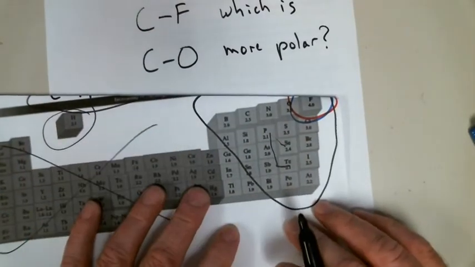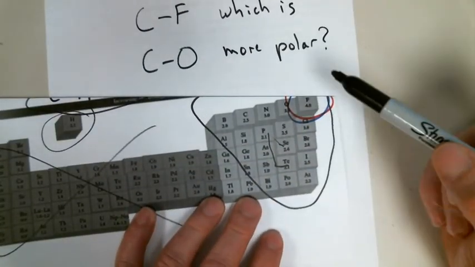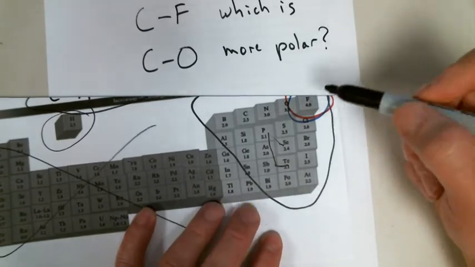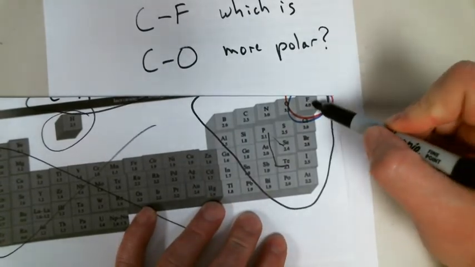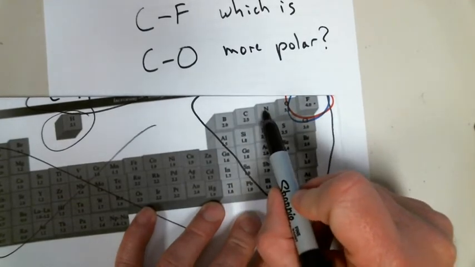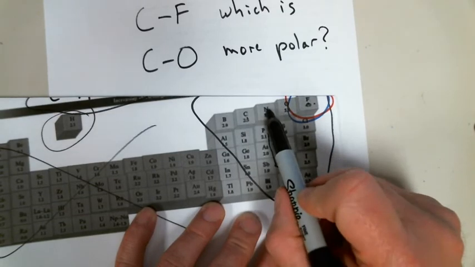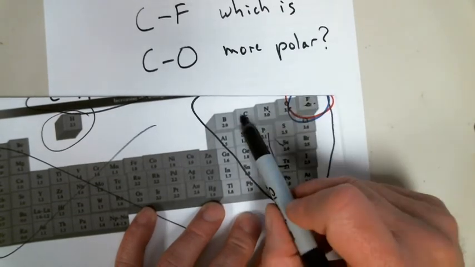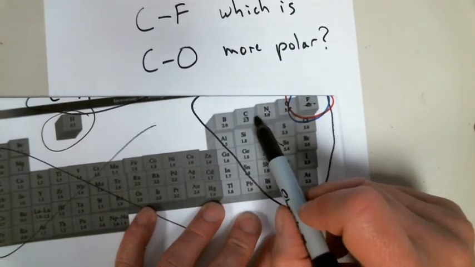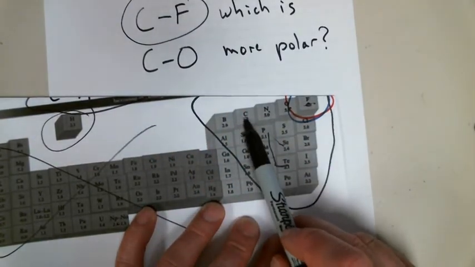Fluorine's here, carbon's here, so 1, 2, 3 steps over. Carbon to oxygen is 1, 2. So they're farther apart in the trend, and so carbon-fluorine is a more polar bond than carbon-oxygen.